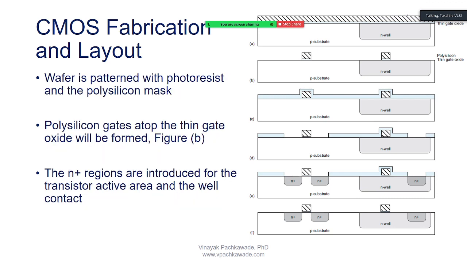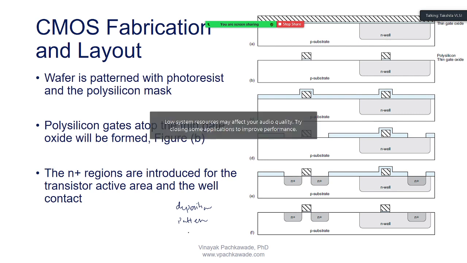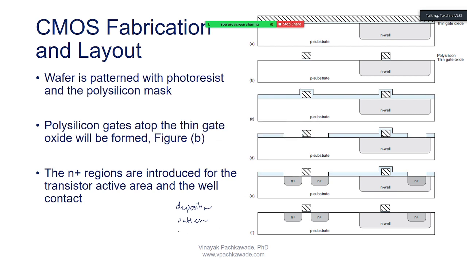So we come to the next step. Once you grow the layer, the steps are always like this: deposition, then pattern. Pattern means define what you want and where you want with the help of a mask, and then etch. These 3 steps will be repeated throughout the IC fabrication process.